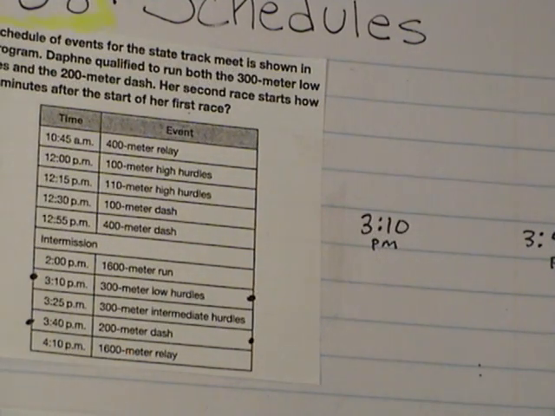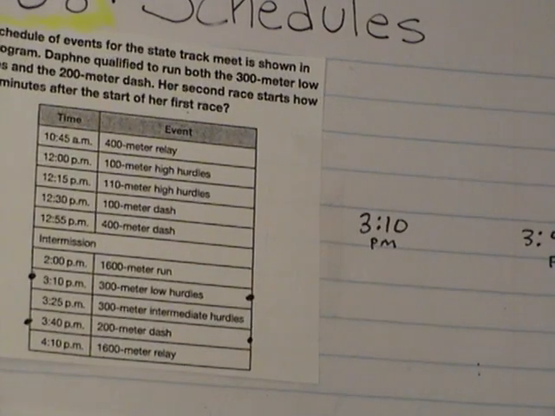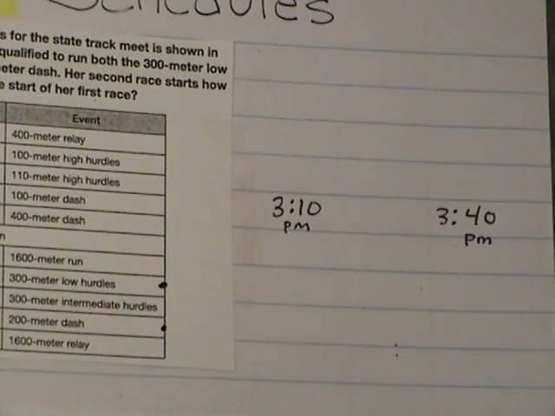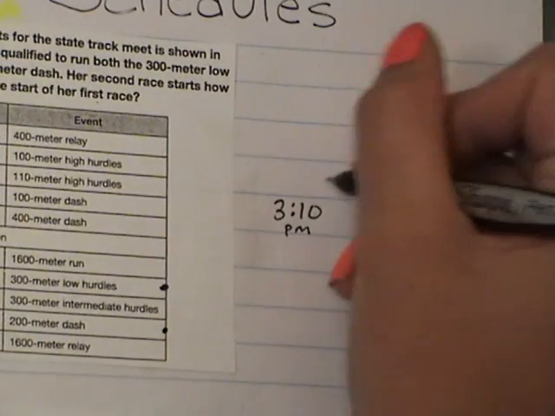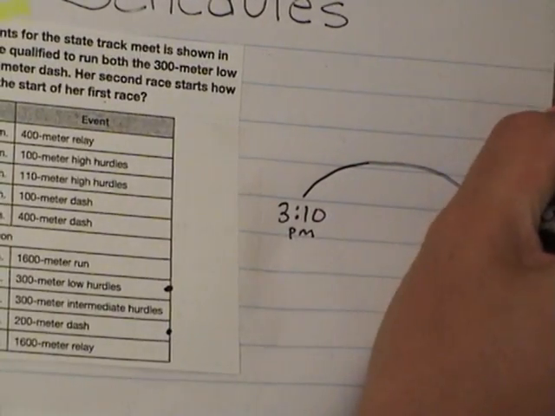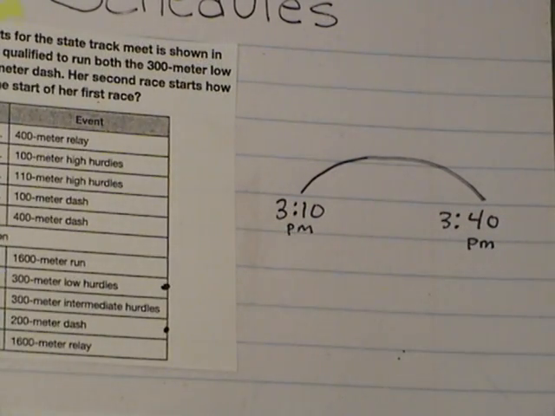And normally I would have you draw those triangles for the arrows and then the half circle for the minutes. But if we look, this is in the same hour. It's from 3:10 to 3:40. So how many minutes are between 3:10 to get to 3:40? And this is really just a simple subtraction or addition problem.